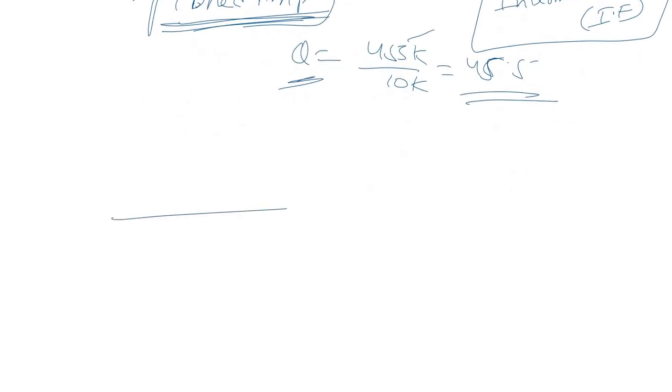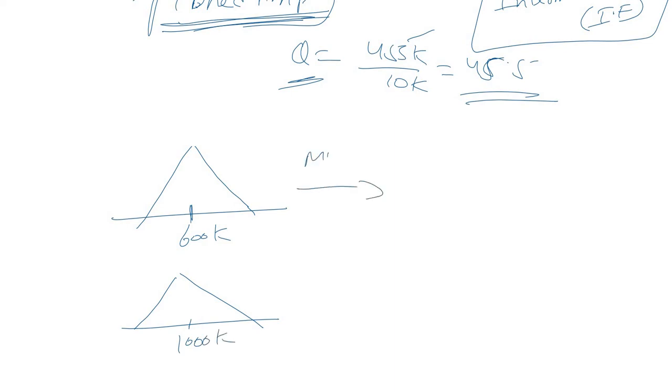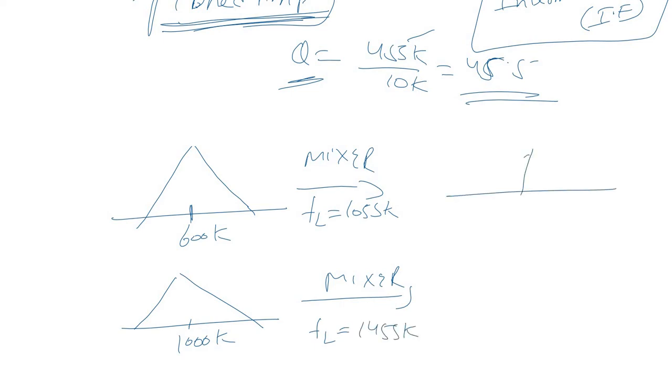So for example, if we have to tune the signal at 600k, or the signal at 1000k, we pass it through the mixer with, let's say, a local oscillator frequency of 1055 kilohertz, and for the other case the local oscillator frequency would be 1455 kilohertz, and the resultant is centered around 455k.